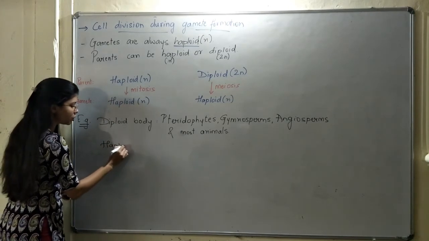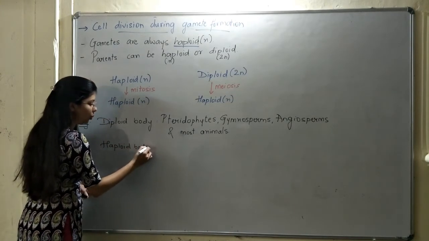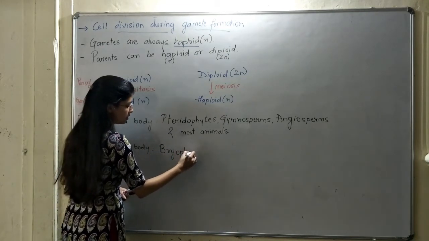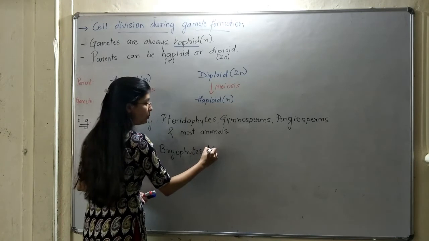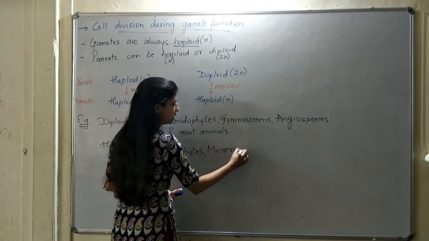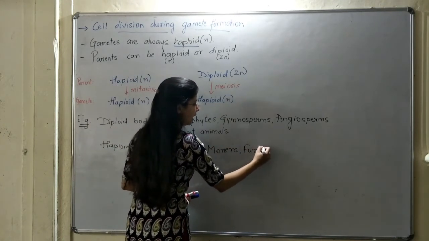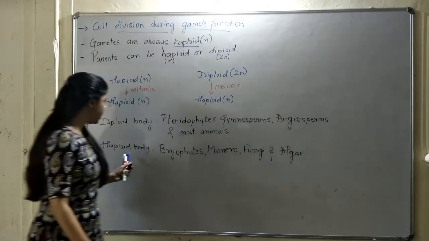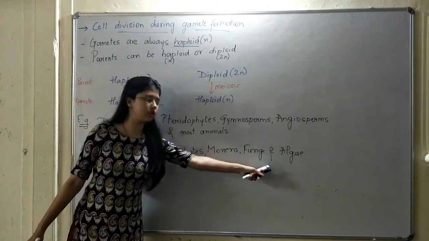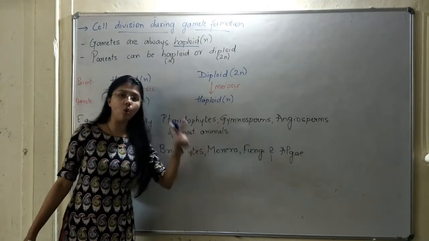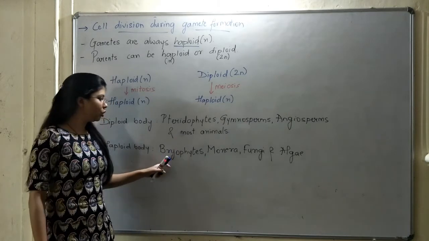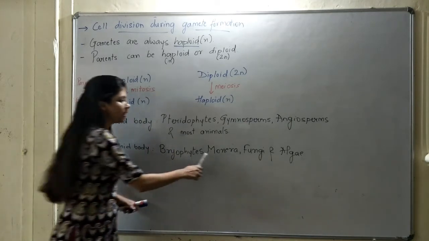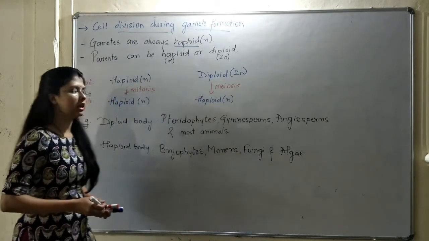Examples of organisms which have a haploid body will include bryophytes, Monera, that is the bacteria kingdom, fungi, and algae. So your haploid body is generally found in the lower level of organisms like Monera, fungi, and algae. Only one class is included from plants, that is bryophytes. Otherwise, all these belong to separate kingdoms.